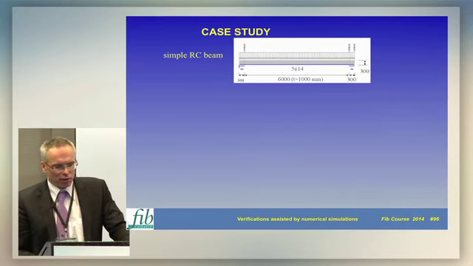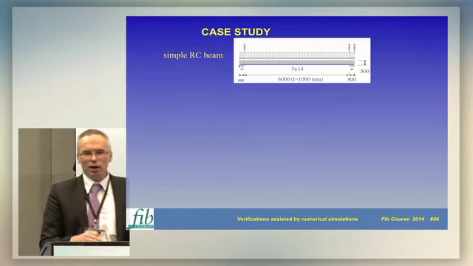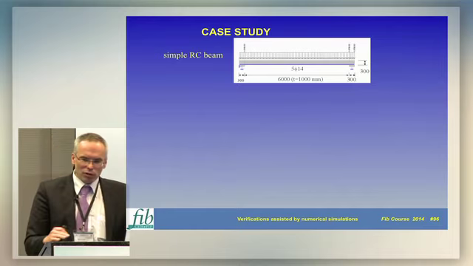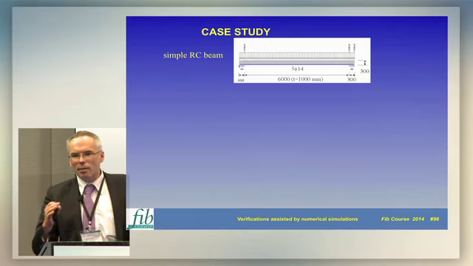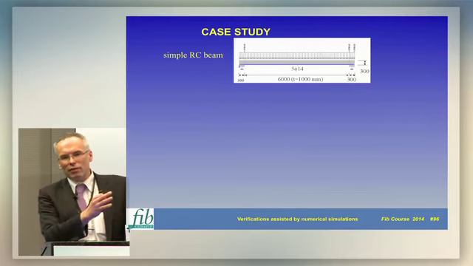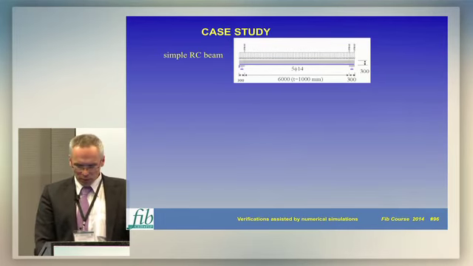But what we did, we evaluated, and I want to show you a summary of this study. We checked all these four safety formats on some examples which we like to think cover the range of typical problems in reinforced concrete design.